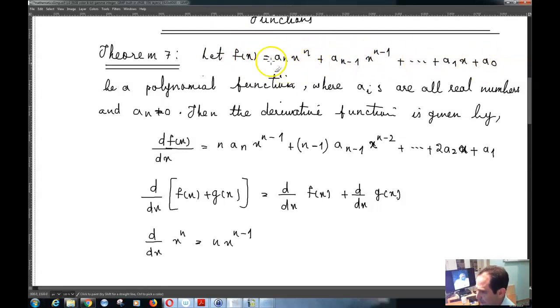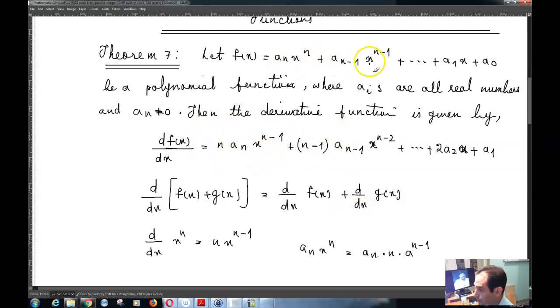For example, the derivative of the term a of n x raised to the power n would keep a of n as it is, just a constant, and n comes over here times x raised to the power n minus 1. So that becomes the first term over here.